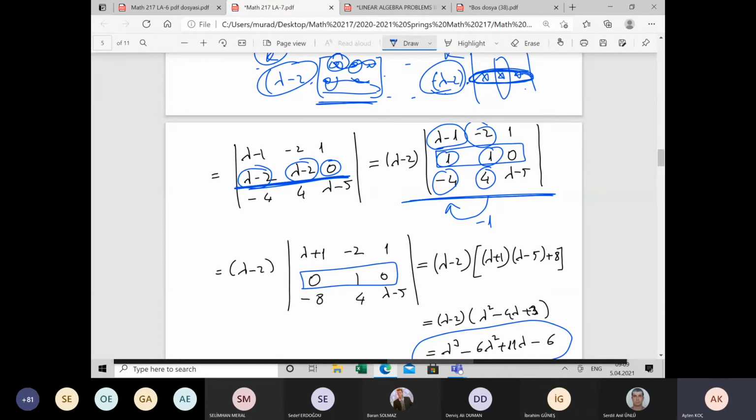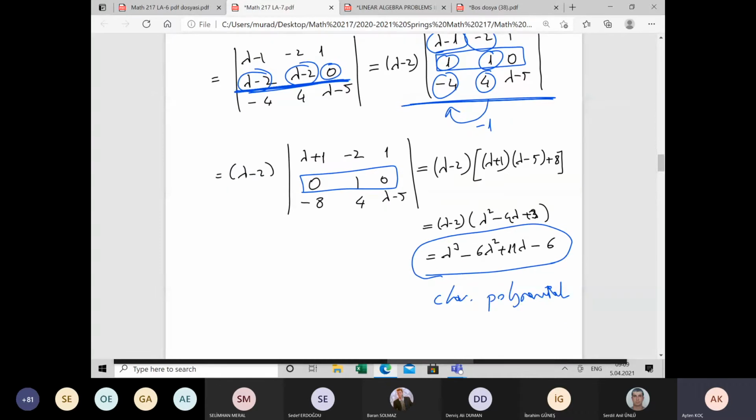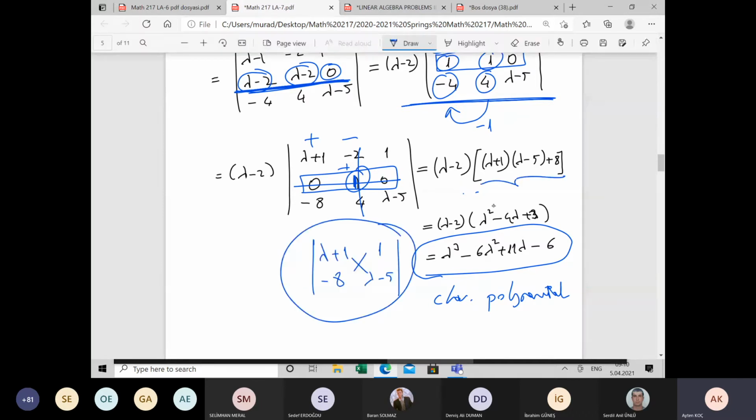So we obtain this determinant. So, what's this determinant? This determinant is 1. It's okay? So we obtain the characteristic polynomial. It's okay? That's one. This one gives lambda square -4 lambda +3, and we obtain the characteristic polynomial.